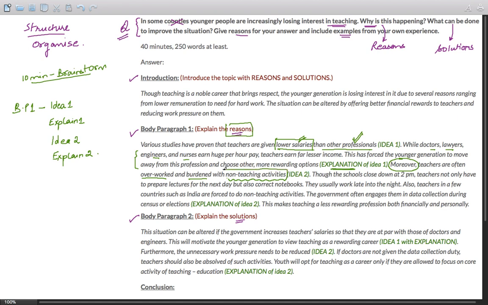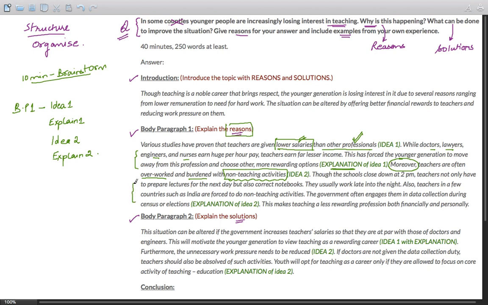Now you have to mention these non-teaching activities and show that other professionals are not engaged in these non-core activities. For instance, you never tell a doctor to go for a non-core activity of say keeping accounts, but you tell teachers to conduct various non-core activities. And this is explained over here.